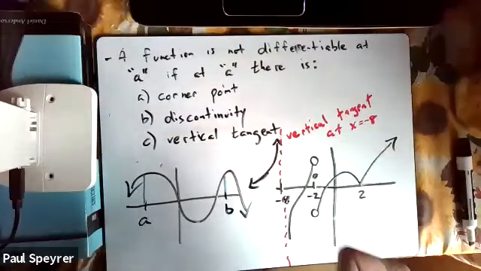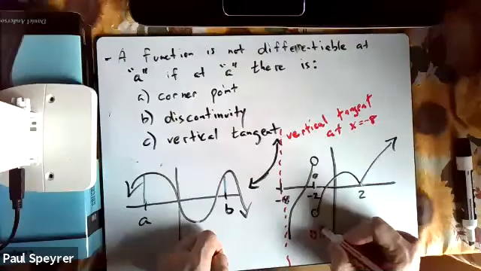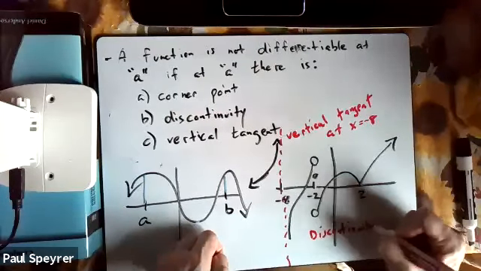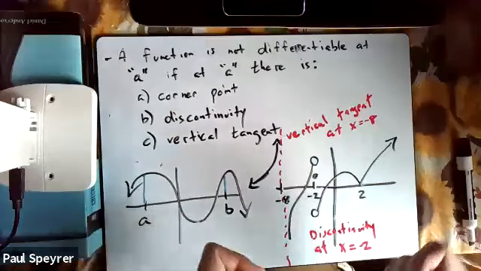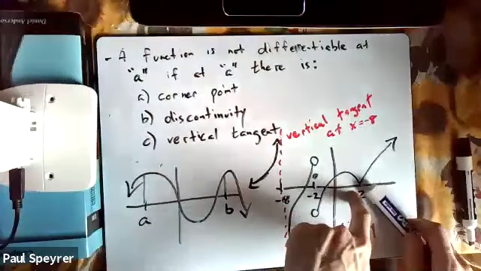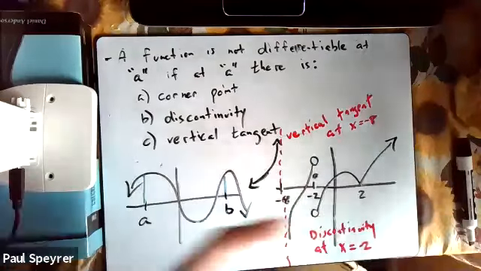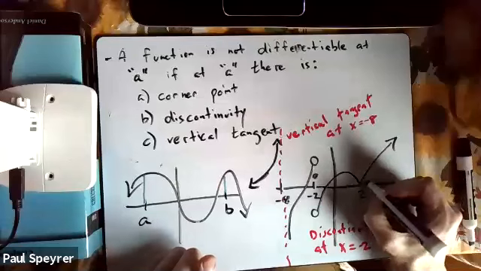There's a discontinuity at x equals -2. And then right here we have that example of a corner point, right? Any kind of V-shaped thing. Again, if it's not smooth or continuous, that is an example of a corner point right there.